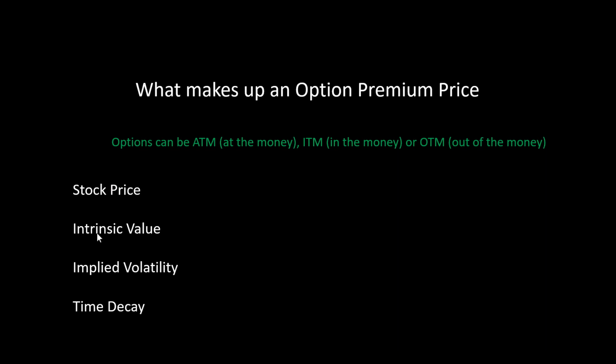Then it's going to also include implied volatility and time decay. The intrinsic value on a Microsoft call, you're buying a $100 call, stock's trading at 105, the intrinsic value is $5. So the option is going to be worth at least $5.